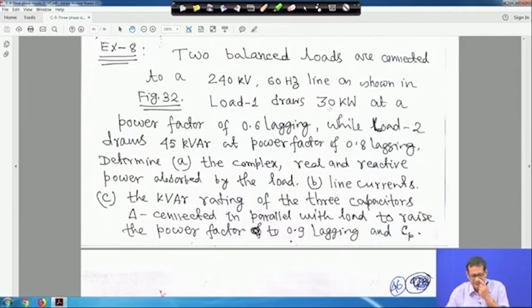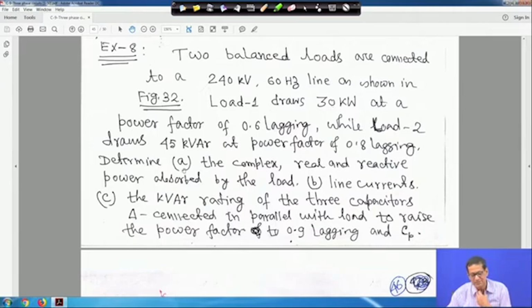If 30 kilowatt is given, then from this power factor you can also find the reactive power absorbed by the load, because the power factor is given. While load 2 draws 45 kilowatt at a power factor of 0.8 lagging. It is twisted here: 45 kilowatt is given, but the power factor is given as 0.8, so here you have to find out P, and there you have to find out Q.